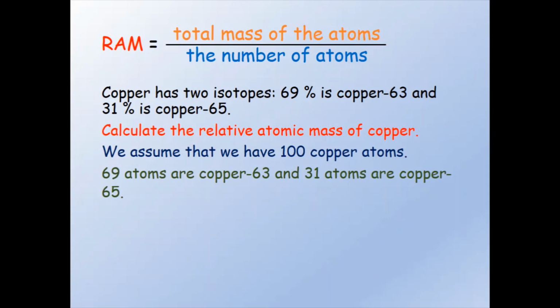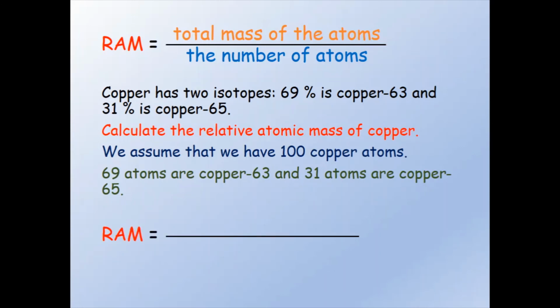Now with this information and the equation above, have a go yourself at calculating the relative atomic mass of copper. You can pause the video to do this. So again, we need to find the numbers that we need to plug into our equation.